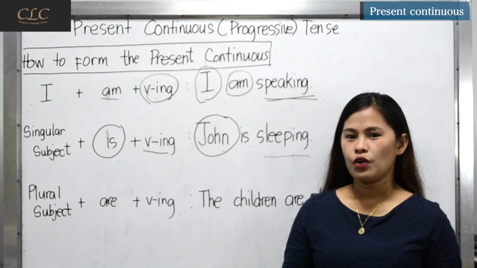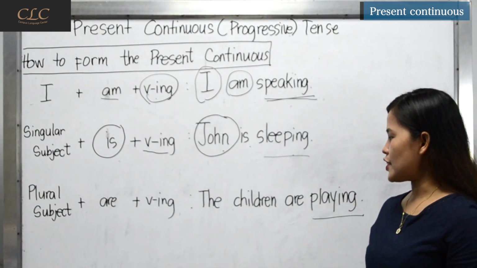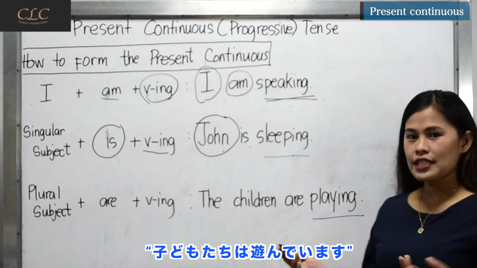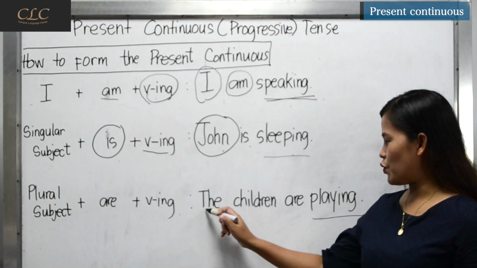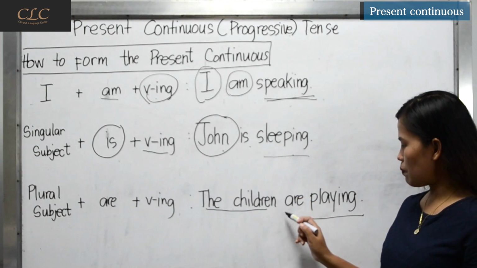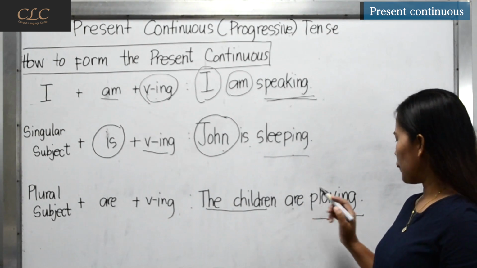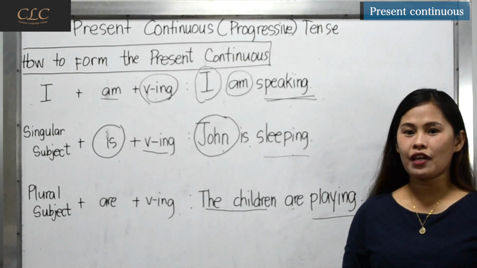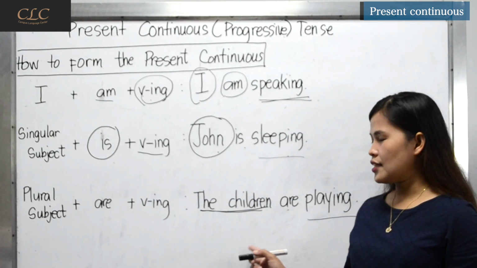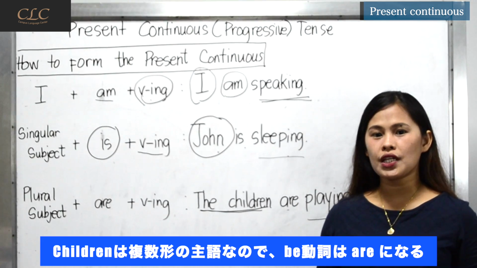Okay, now for the last sample sentence, we have here the children are playing. So what is our subject here? So of course, the children. And then we have here the verb to be are and playing as our main verb in the ing form. The children is an example of a plural subject.